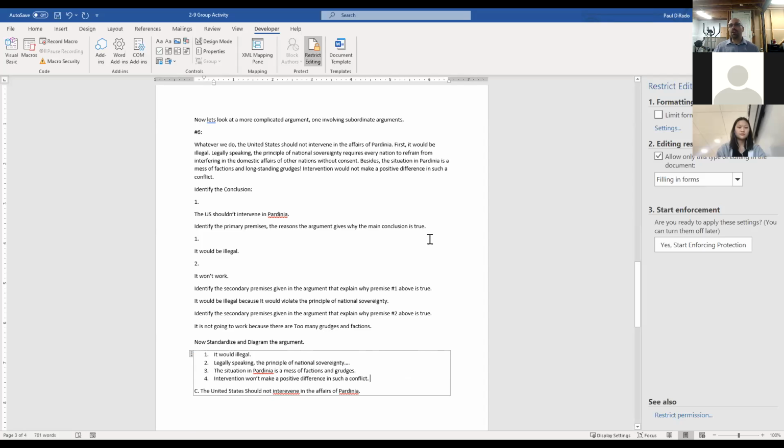All right. But notice how much more detailed even your summary is than the standardization, right? The standardization just lists the premises. You've already, in this summary, done way more than that. You've expressed how all these various things relate to one another. So now let's take our standardization and diagram it.